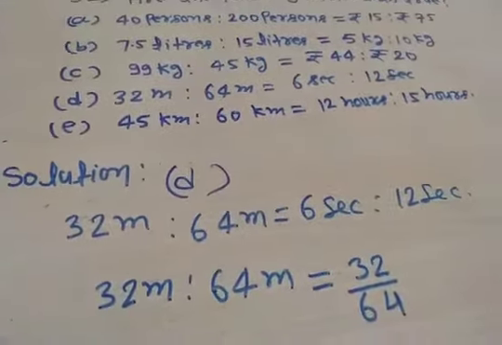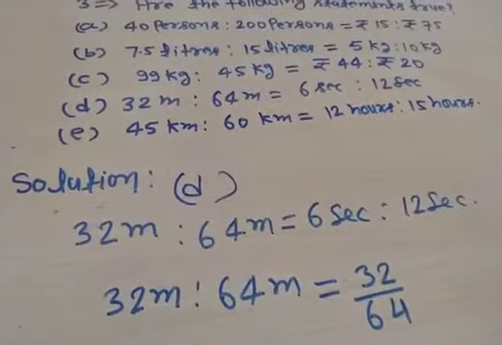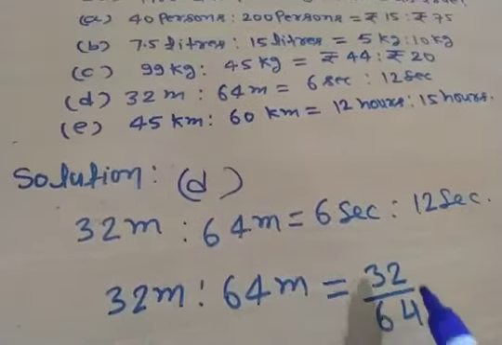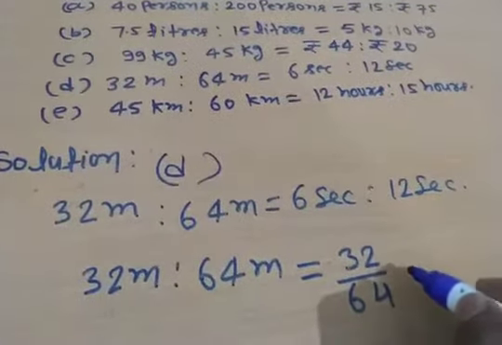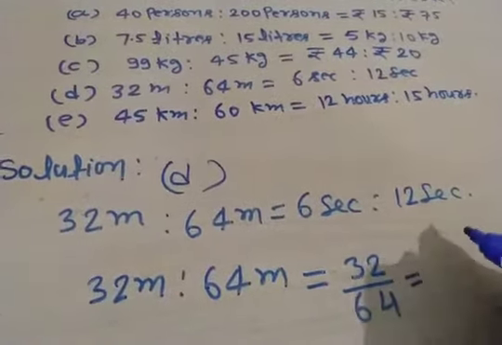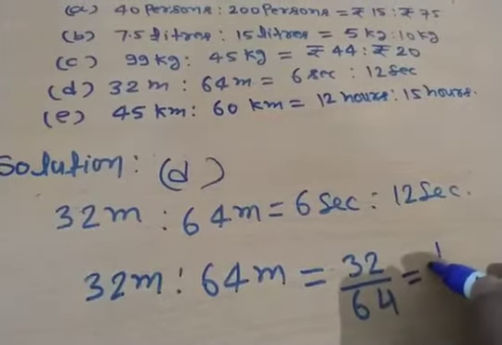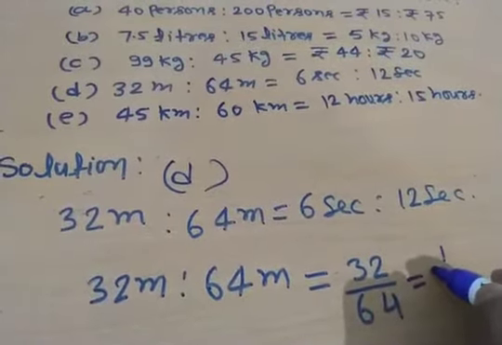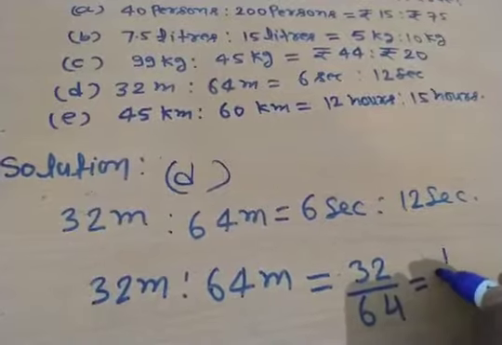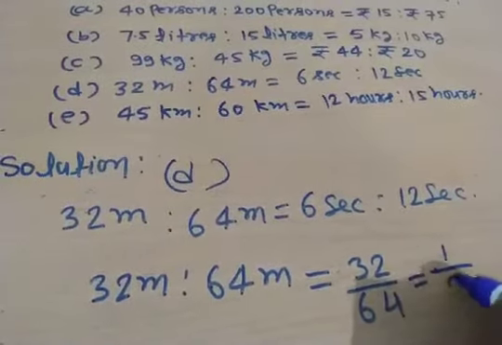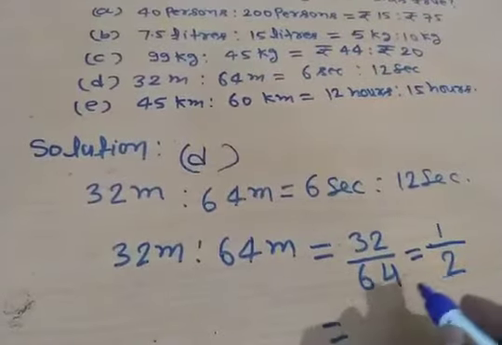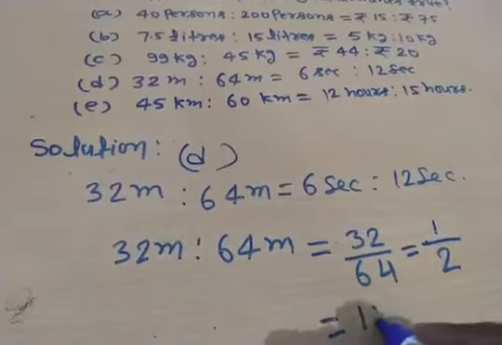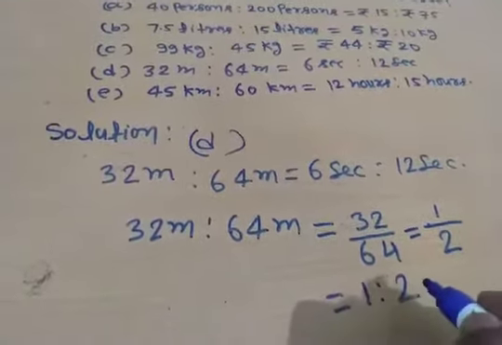Okay student, what is the simplest form of 32 by 64? So you know that 32 times 1 is 32, and 32 times 2 is 64. So you can write it 1:2.